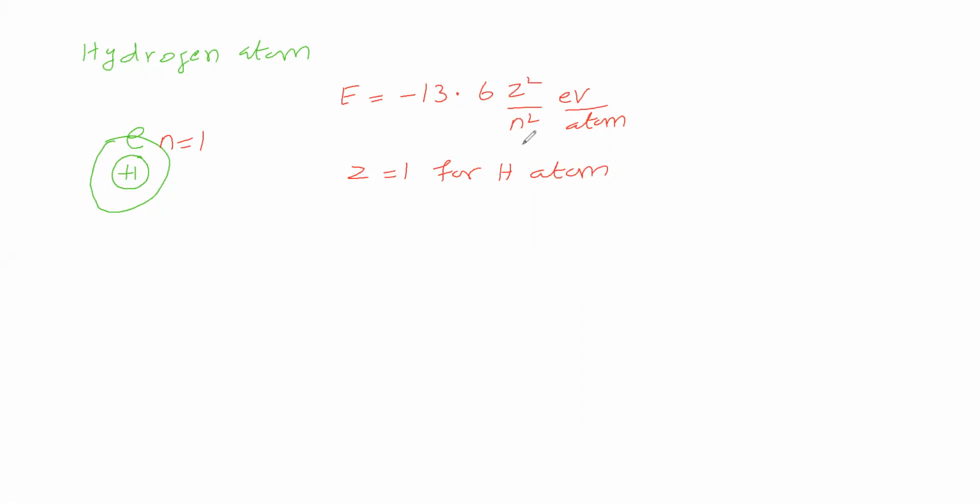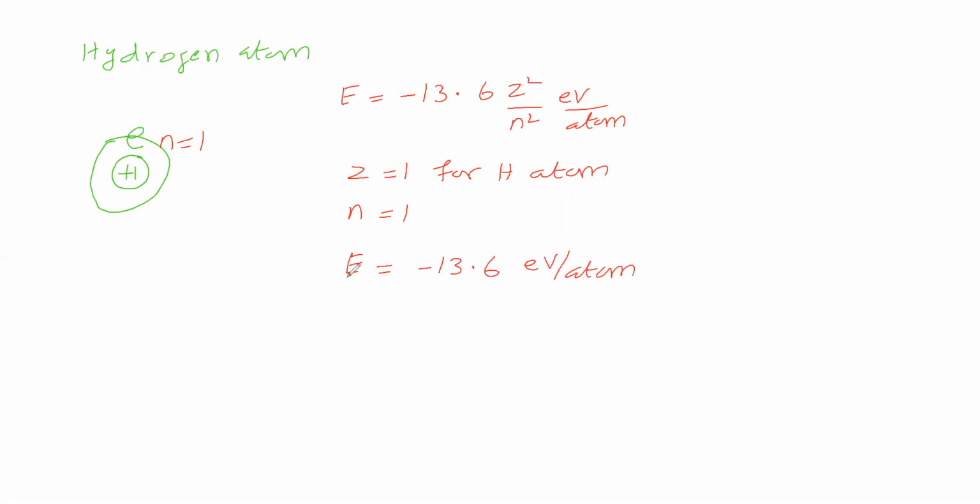Then N means which orbit, first orbit or second orbit or third orbit, that is called N. Now we have taken electron in first orbit, so N is equal to 1. Let us substitute N is equal to 1 and Z is equal to 1. We will get energy of electron. Energy of electron is equal to minus 13.6 electron volt per atom.